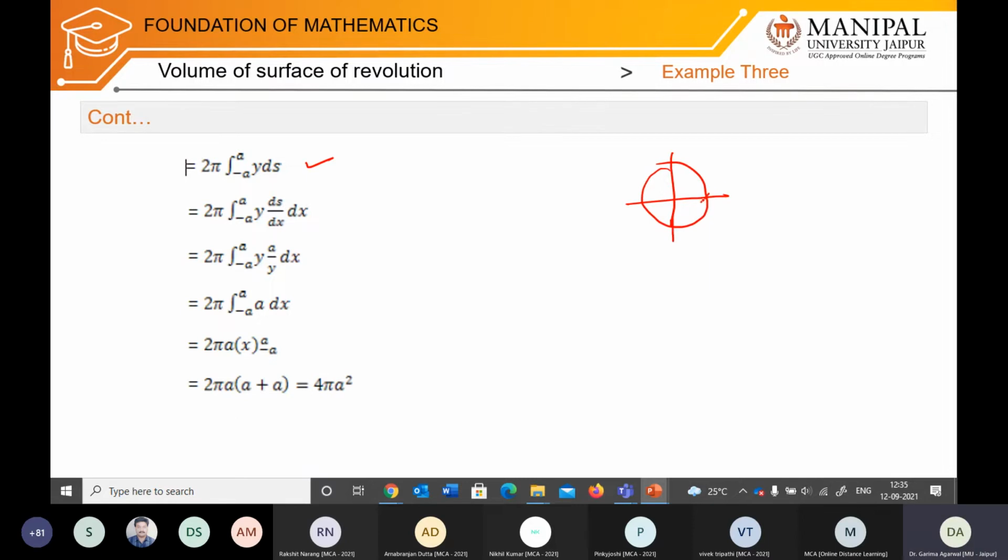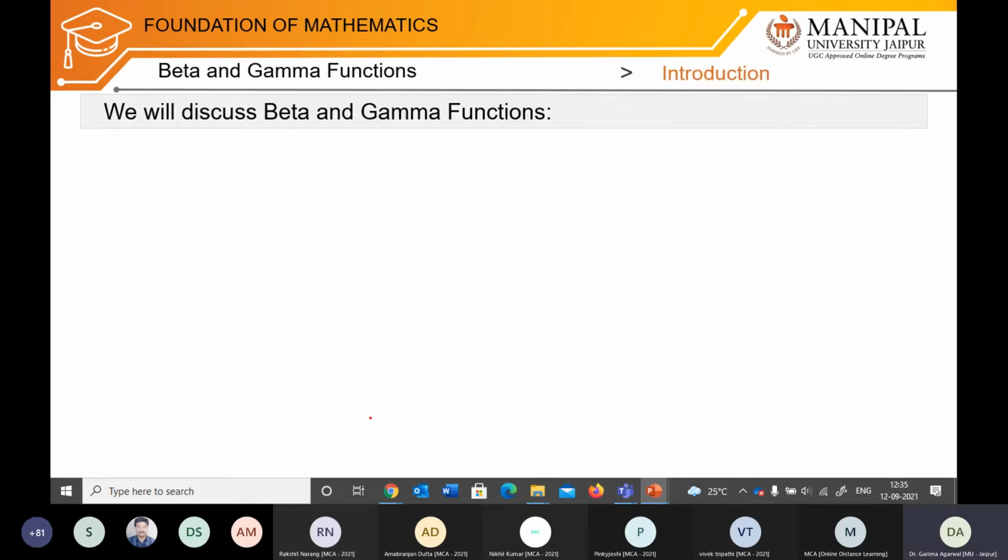So the limit will be minus a to a, right? Because the radius of this sphere is a. So it is minus a to a. We just substitute the value of ds by dx, a by y, and integrate it under the limit minus a to a, that is 4 pi a square, which is the standard surface of any sphere. Clear?